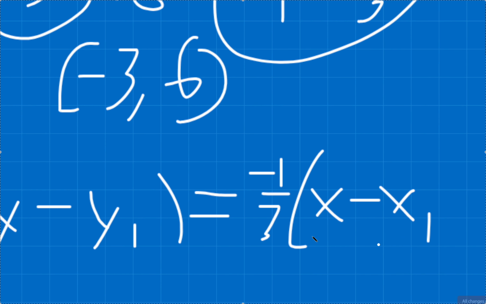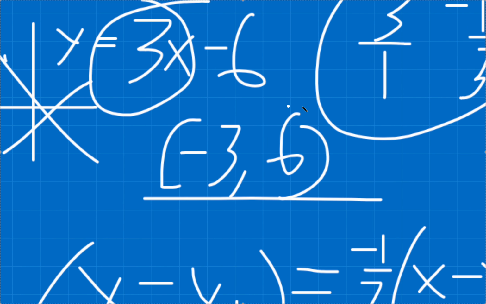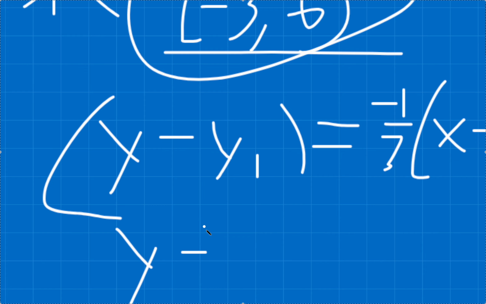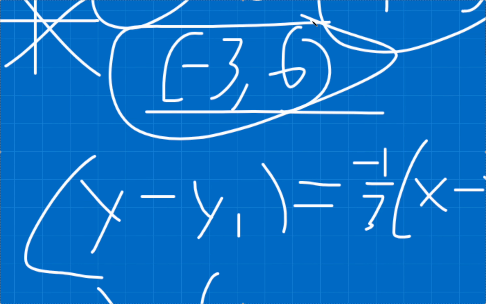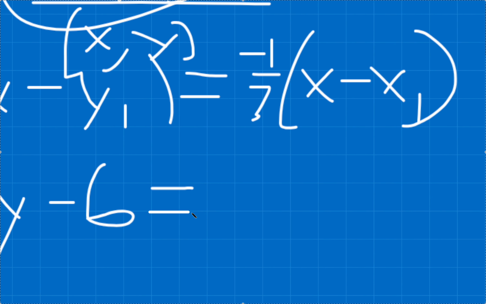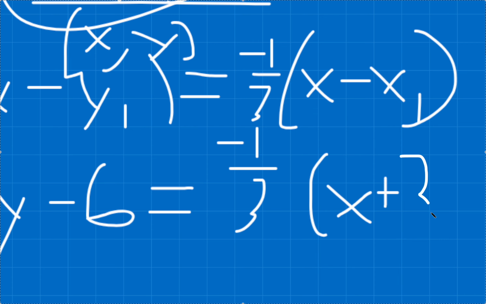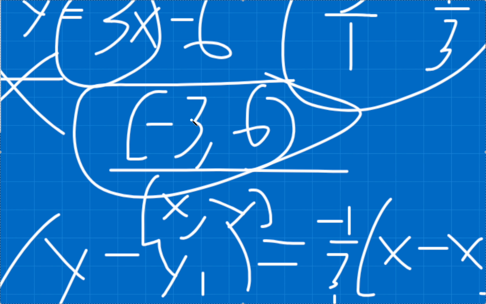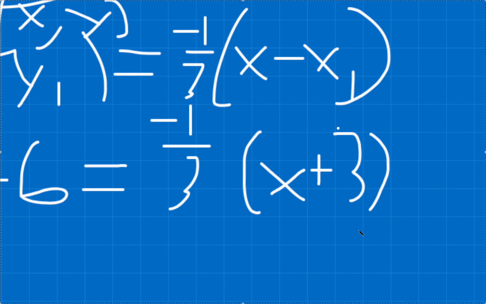What do we put into these values, y1 and x1? Well, we have the point here and it has to intersect here. So we'll get y minus 6, because that's how we format the point (x, y), equals -1/3 times x plus 3. It's plus 3 because the negative over here cancels out this negative, making both positive.